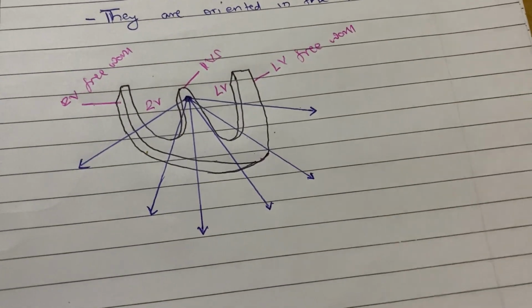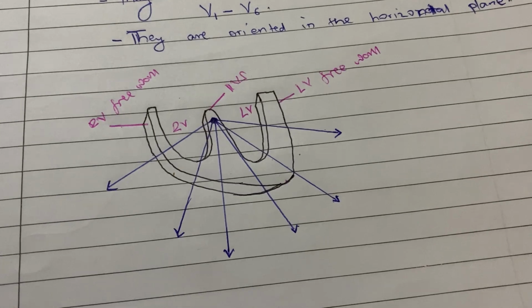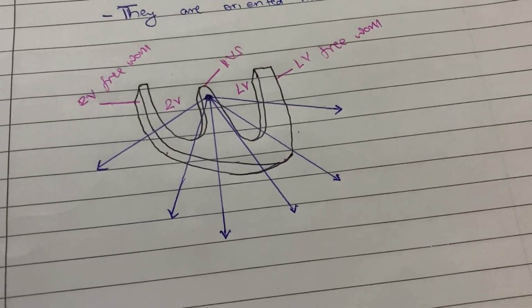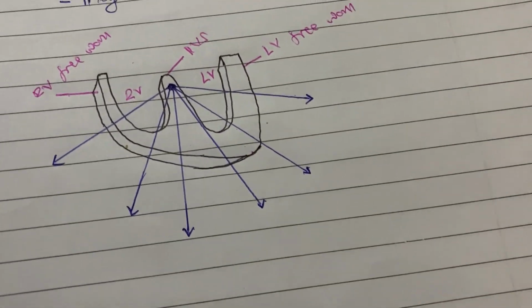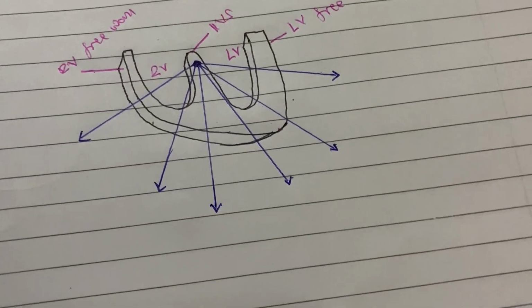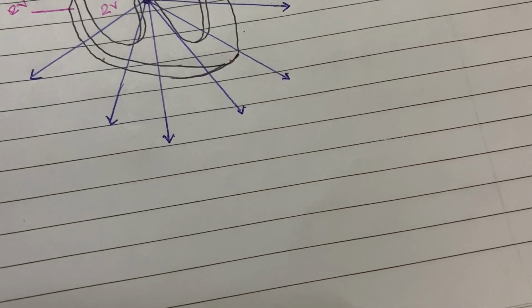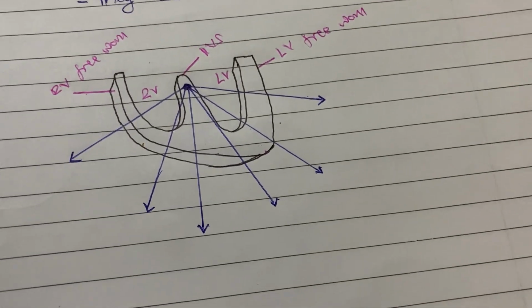the precordial leads. There is a center which we named Wilson's central terminal, which acts as the negative for these leads.